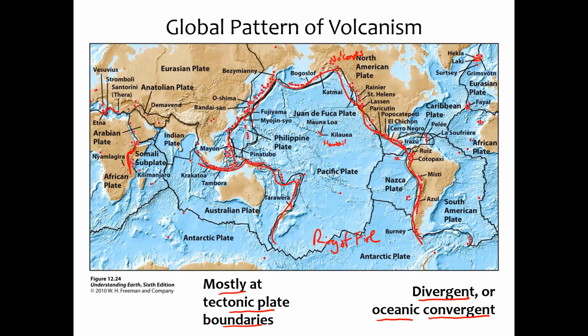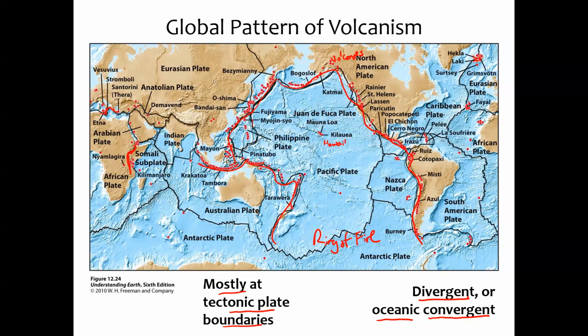So somewhere like Japan or the Philippines, these are ocean-ocean convergent boundaries that are generating chains of volcanic islands. Somewhere like the west coast of South America, that's an ocean-continent convergent boundary. The west coast of North America as well, up in the Pacific Northwest, an ocean-continent convergent boundary.